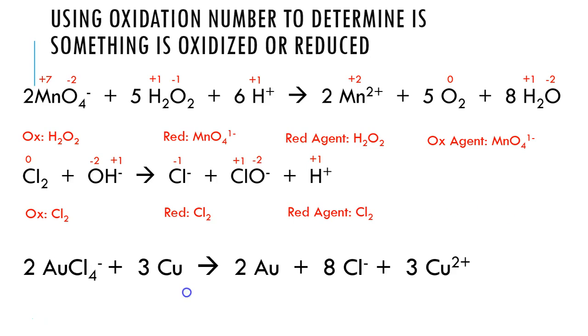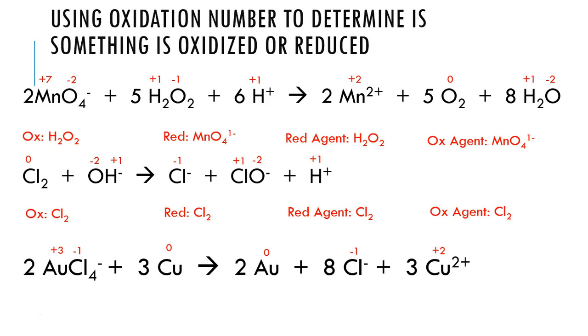That means that the reducing and oxidizing agents are both chlorine. Now this is entirely possible. Sometimes in a reaction, the same species will be oxidized and reduced, and we'll see more examples of that in this discussion.